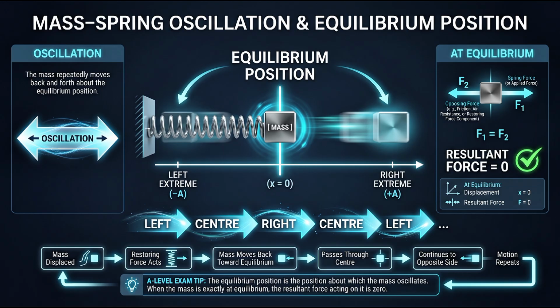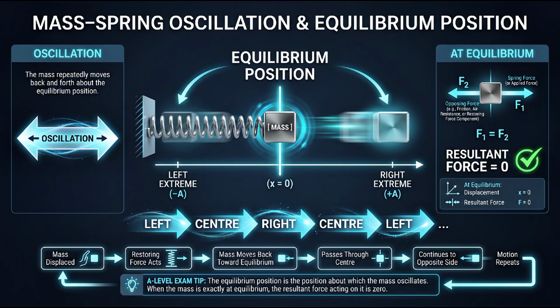Now consider the two extreme positions. At the right extreme position, the displacement is positive A, meaning the mass is at its maximum positive displacement from equilibrium. At this instant, the mass has reached the furthest point on the right, and its velocity is 0 for an instant. The restoring force is directed towards the center.